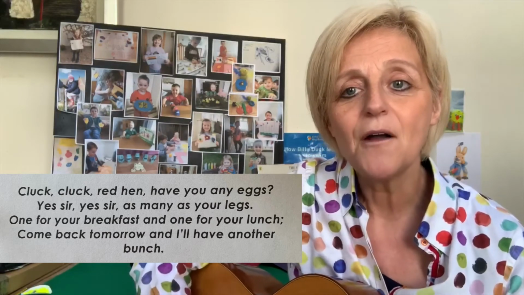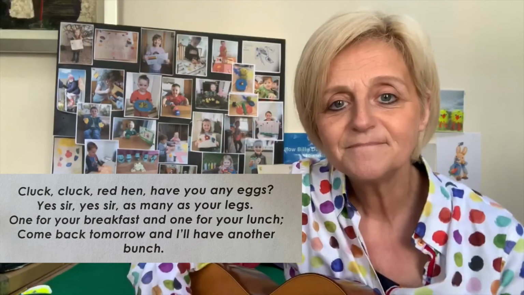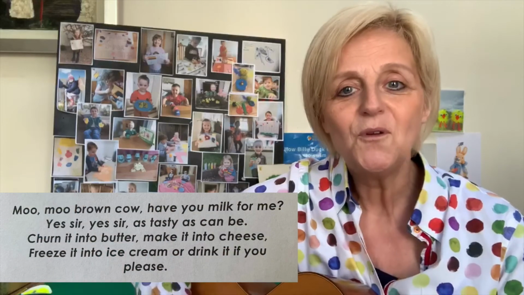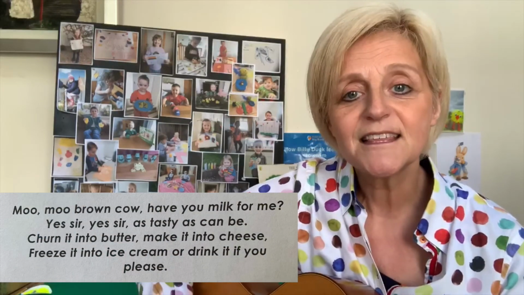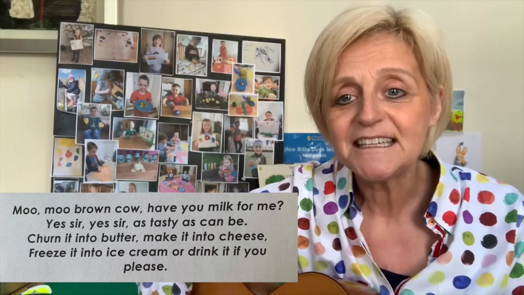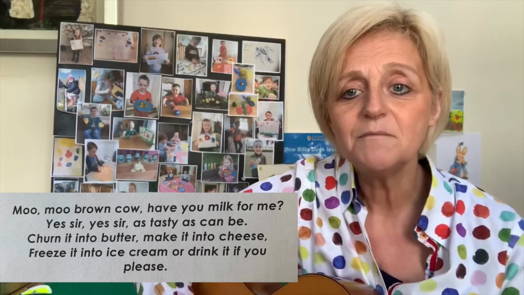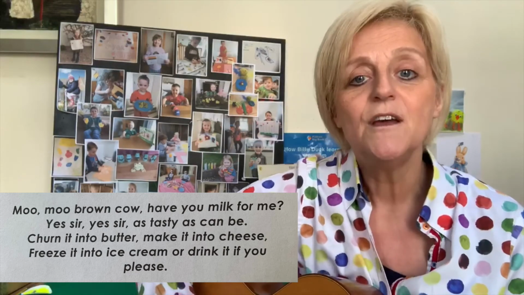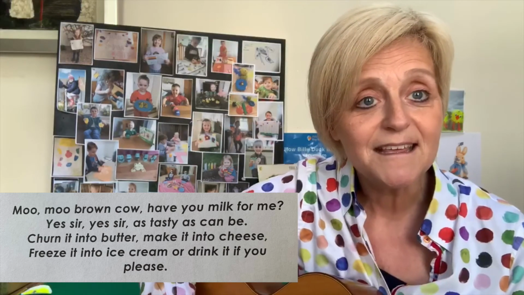Come back tomorrow and I'll have another bunch. Moo moo, brown cow, have you milk for me? Yes sir, as tasty as can be. Churn it into butter, make it into cheese, freeze it into ice cream or drink it if you please.